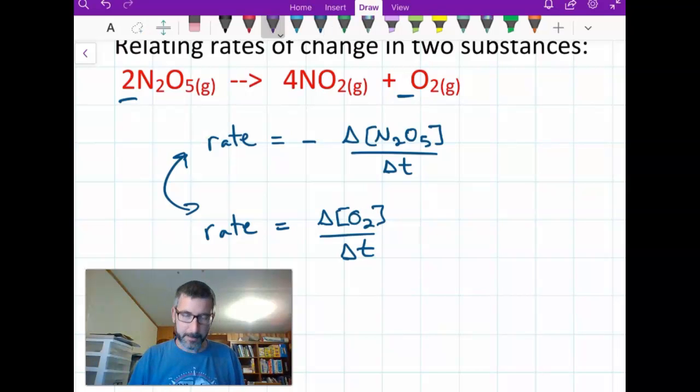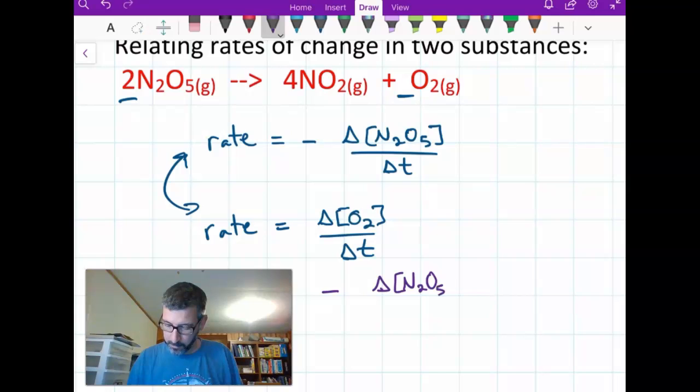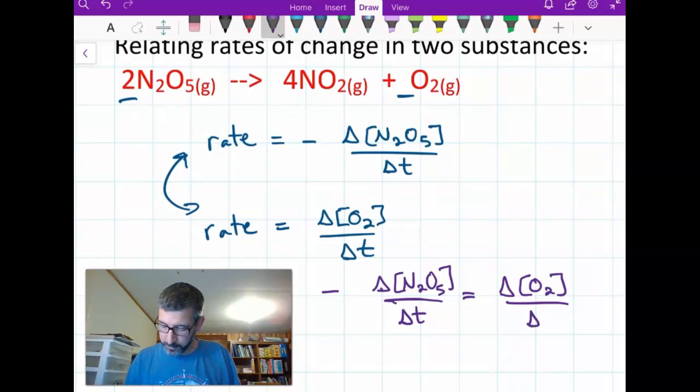In order to make them equal to each other, I would say that the rate of disappearance of N2O5, so the negative change in concentration of N2O5 over time, is equal to the change in concentration of O2 over time, but only if I add a 1/2 out in front of the N2O5.